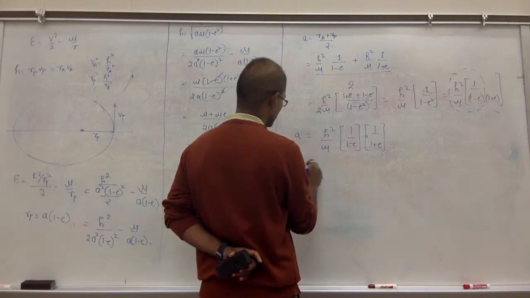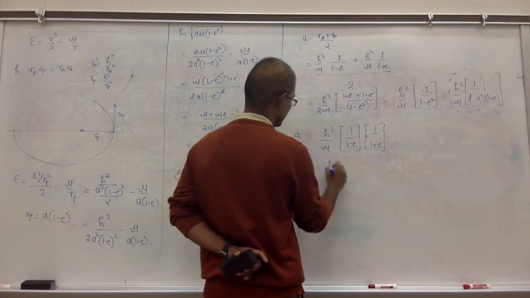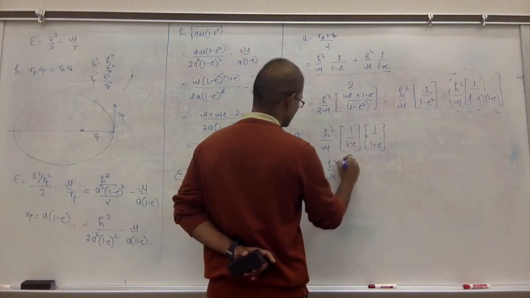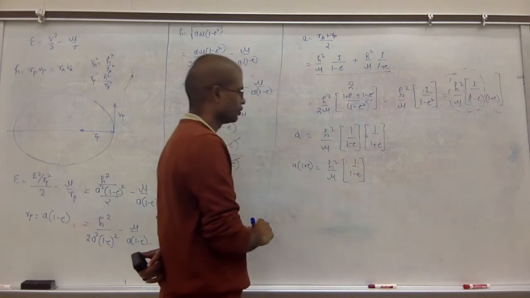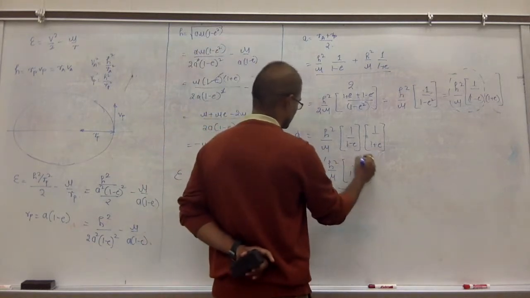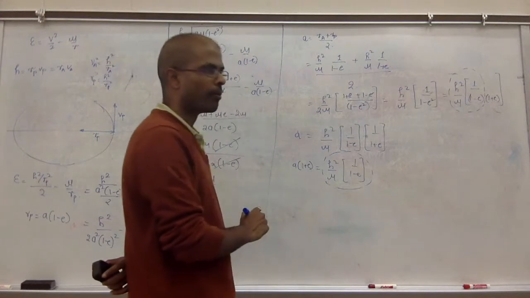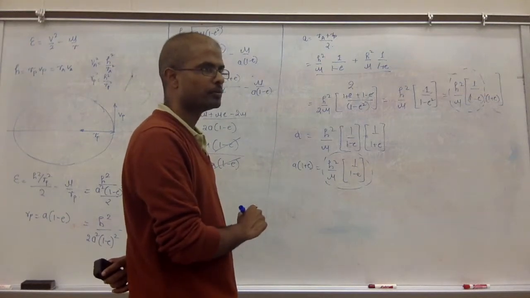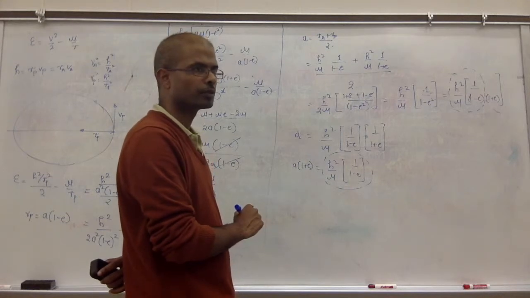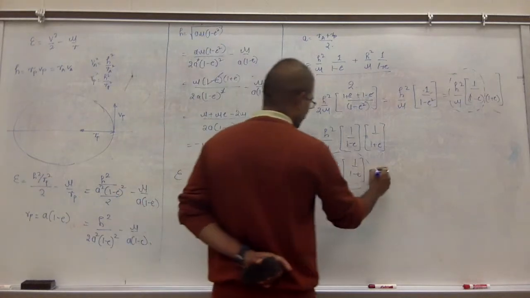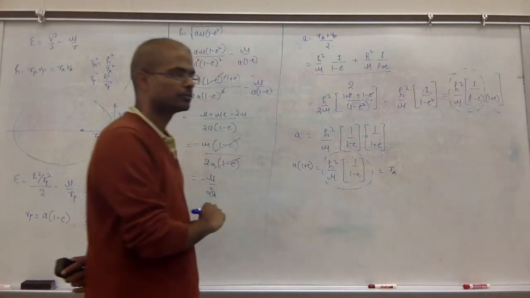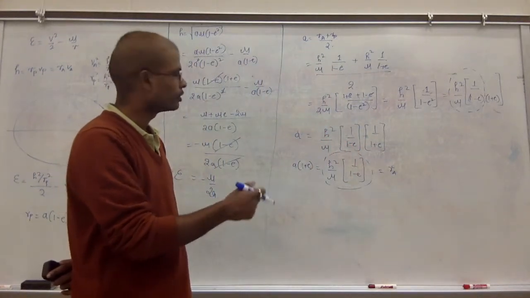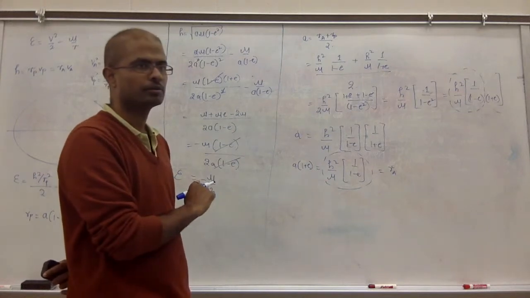A into 1 plus E is equal to h square over mu, 1 minus E. What is this term? That's RA. You see it? How simple it is? So RA is equal to A into 1 plus E. Similarly, you can do it for RP.